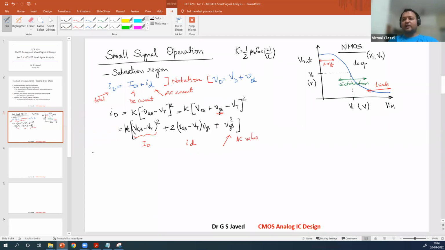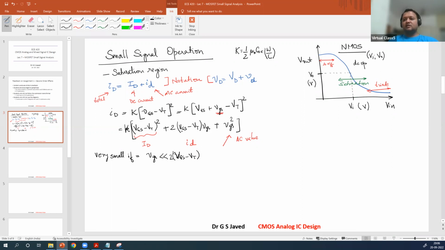What do we define as small? It is very small if small vgs is very small compared to this factor, that is less than 2 times capital VGS minus VT.